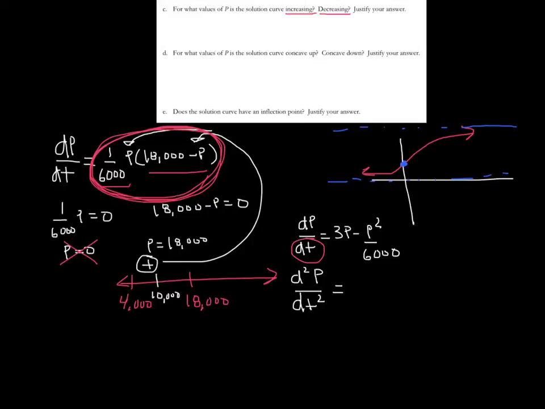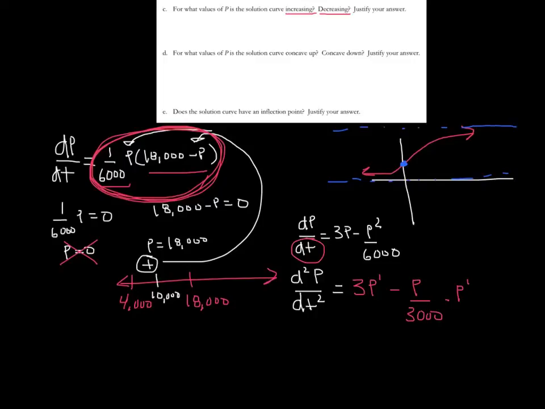So that's going to be 3p prime minus 2 over 6,000 p times p prime. So it's going to be basically p over 3,000 times p prime, or dp/dt.